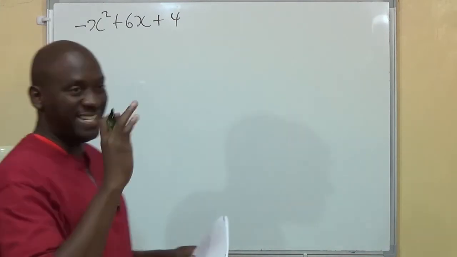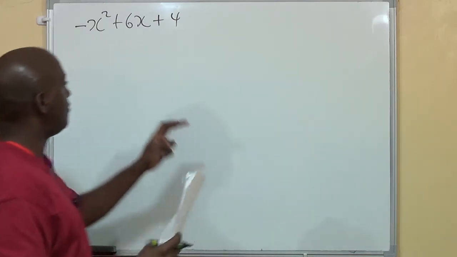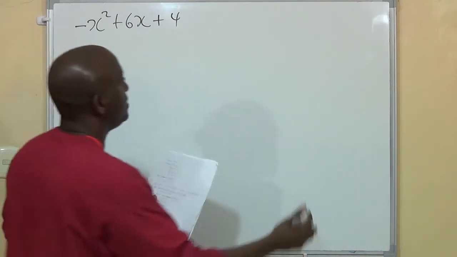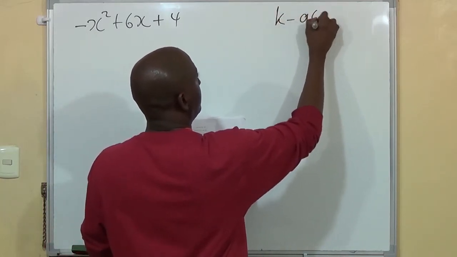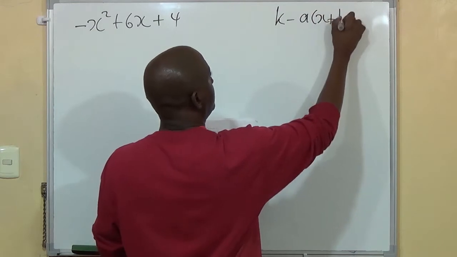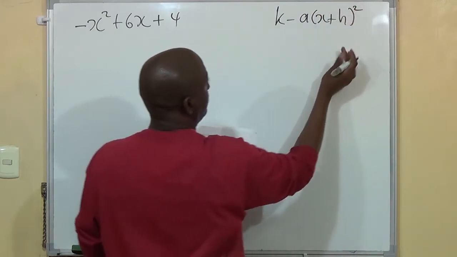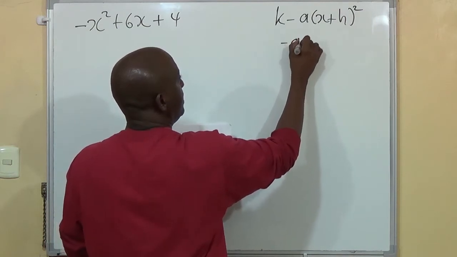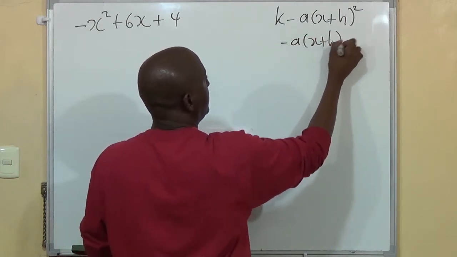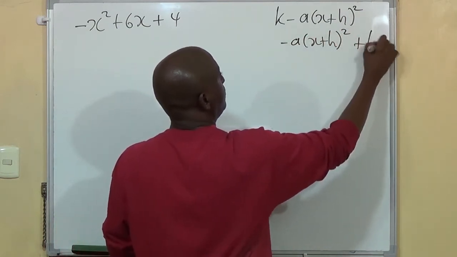sometimes now in this case, because of how the expression is here, sometimes they will ask you to express it in the form k minus a into x plus h squared, which is the same thing as saying minus a into x plus h all to be squared plus k.